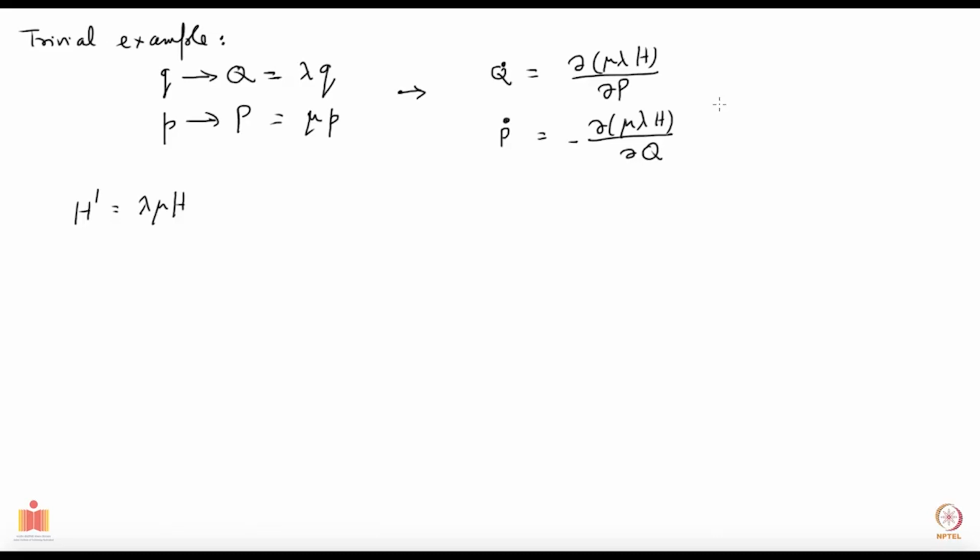Okay, so what I can do is, if my system is described by coordinates q and p, and the equations of motion are canonical, and if I use a different set of coordinates, capital Q and capital P, here I have done a general coordinate transformation.